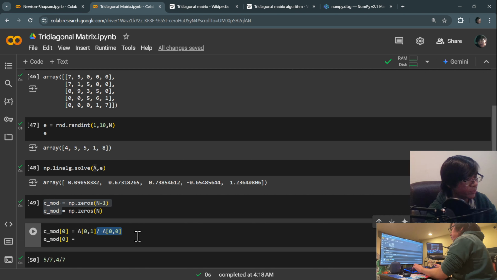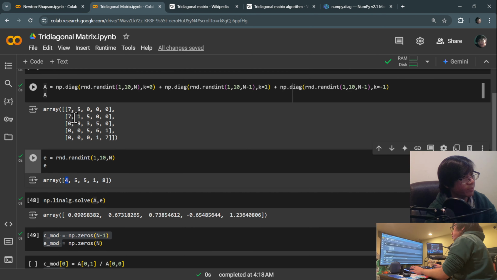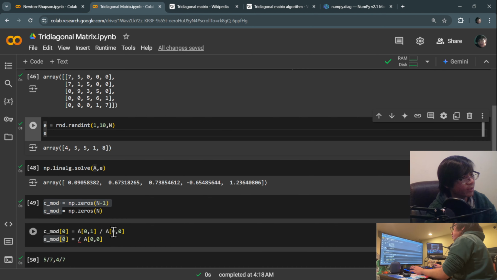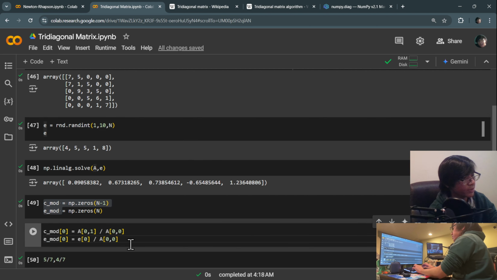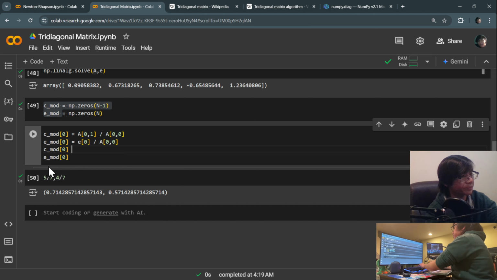So that's our B1. And the modified version of E would be E1 divided by the B component. So 4 over 7, that would be E at index 0. Let's see if that matches up. I need to display it.